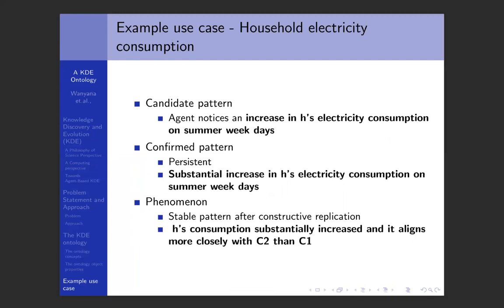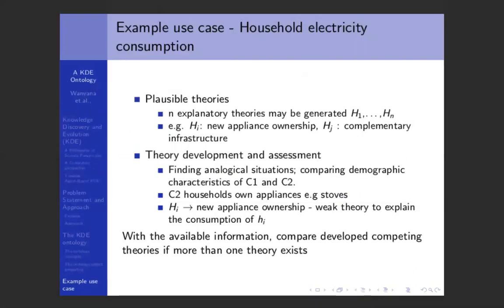It notices that this is a persistent phenomenon that is stable, maybe observed even over the following summer, and it captures that as a phenomenon in the ontology. So from the agent's beliefs, all plausible theories are extracted. From what the agent knows, new appliance ownership and complementary infrastructure could potentially explain the new phenomenon.